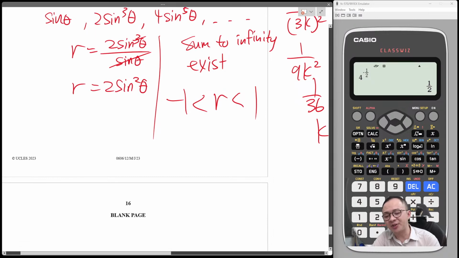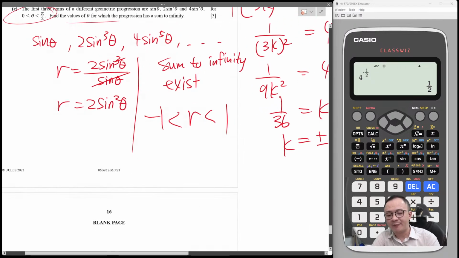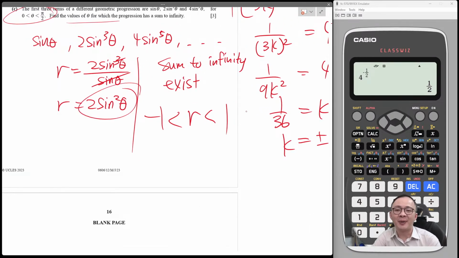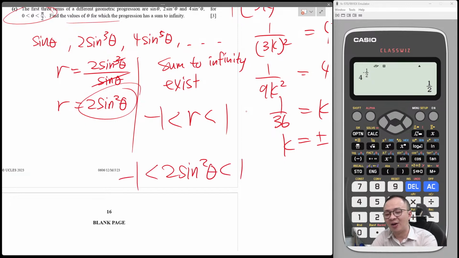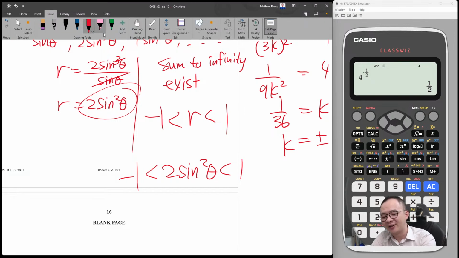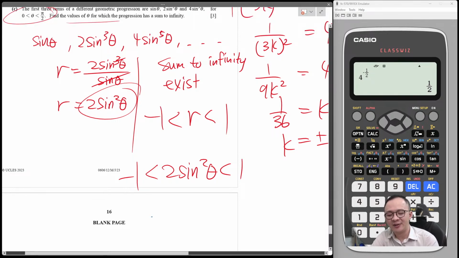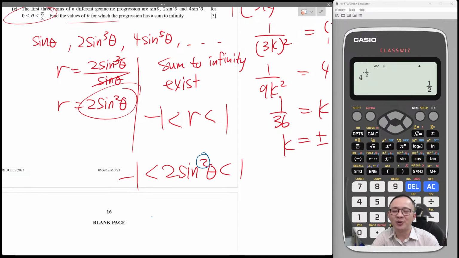Okay, this one is a bit tricky. Because right now my r have the power 2. So this one is 2 sine square theta, 1 and -1. Okay, now where's the tricky part? You have to ask yourself, if sine is power 2, is it possible for you to get a -1 or not?